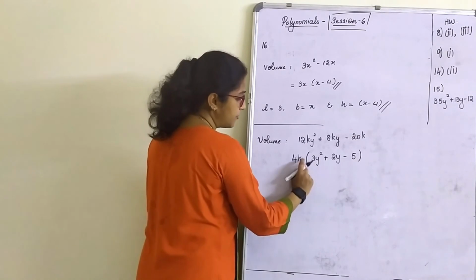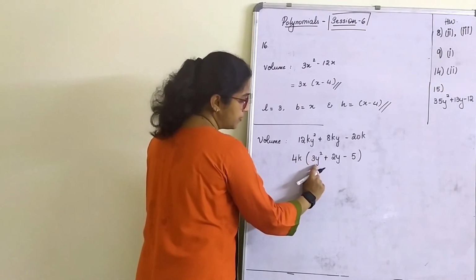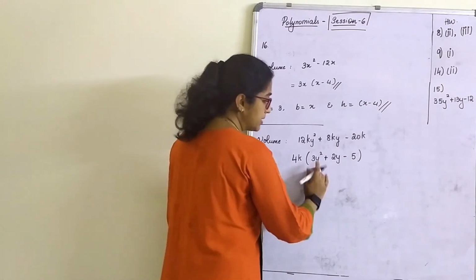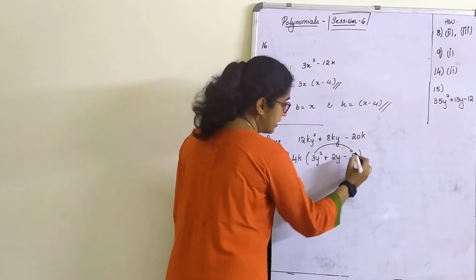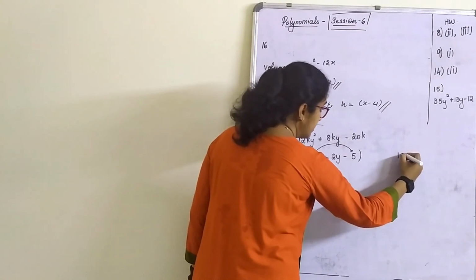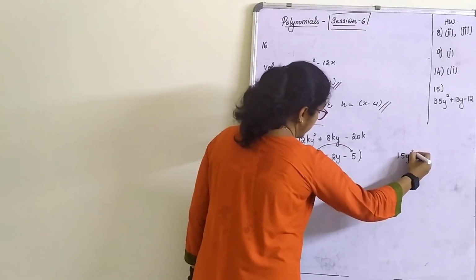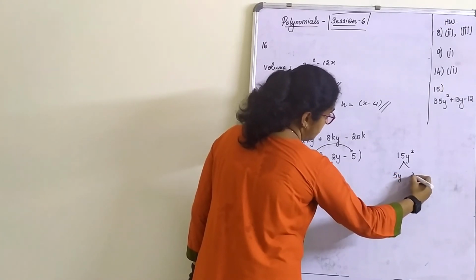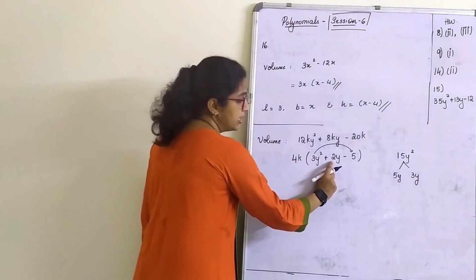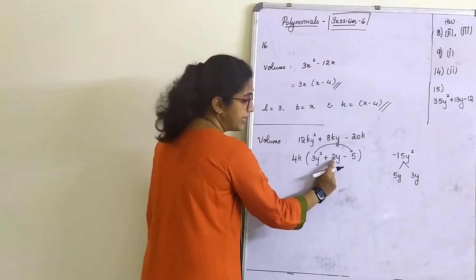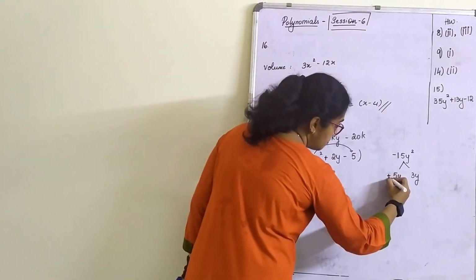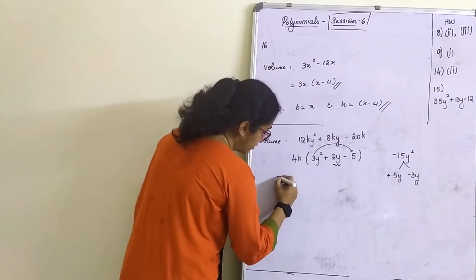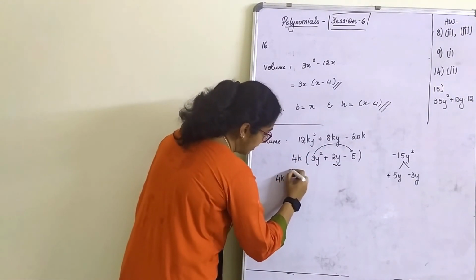Yes. See here, I have just taken 4k common. Keep this as it is. Multiply first and last term. 3 5s are 15y square. So the only factors are 5 and 3, 15 ones. You need to get minus 15y square plus 2. So this is plus 5 and minus 3. Split this middle term, keeping this 4k as it is. I'll take a bigger bracket.